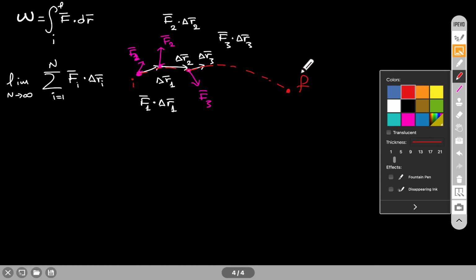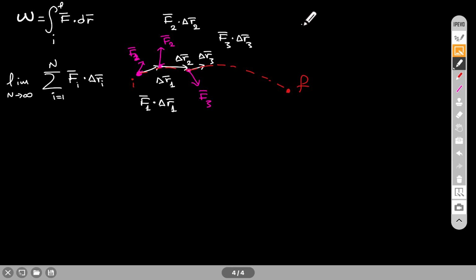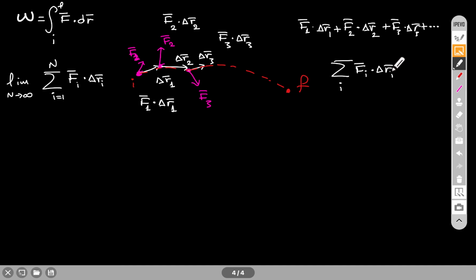When we finish this process and add everything, I mean F1 dot delta r1 plus F2 dot delta r2 plus F3 dot delta r3 plus the rest of the dot products until you reach the final point. This is going to be the sum over i of F sub i dot delta r sub i.